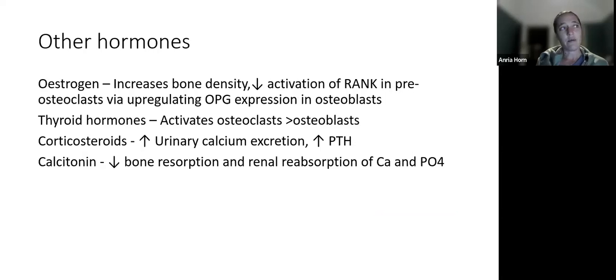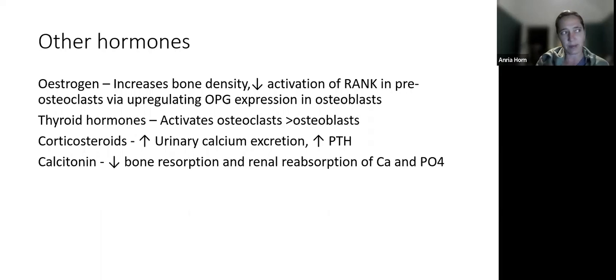Okay, and then there are other hormones. I've already mentioned estrogen, which increases bone density by decreasing activation of RANK through upregulating OPG expression. Then the thyroid hormones activate osteoclasts more than osteoblasts, and that would explain the osteopenia and Brown's tumors that we see with hypothyroidism. Oh no, that's hyperparathyroidism, right?